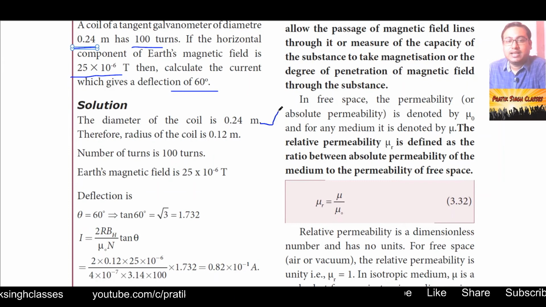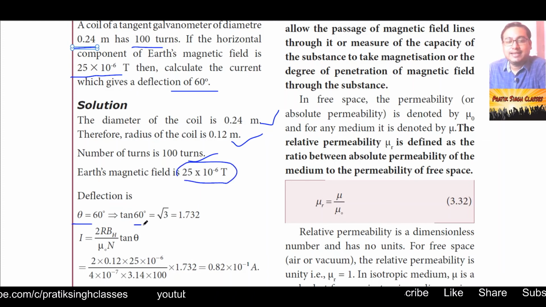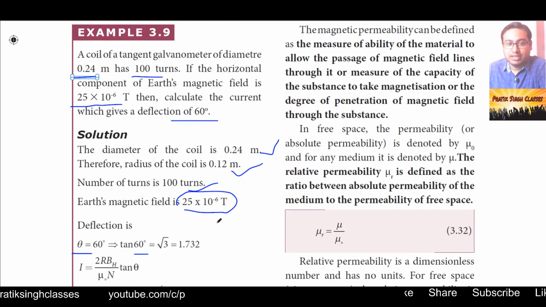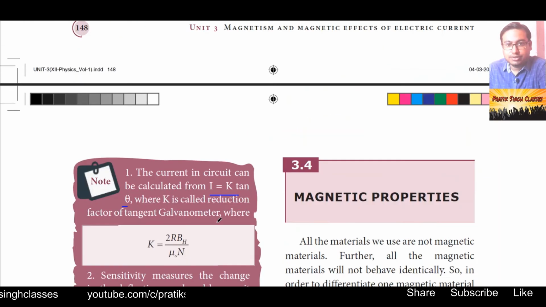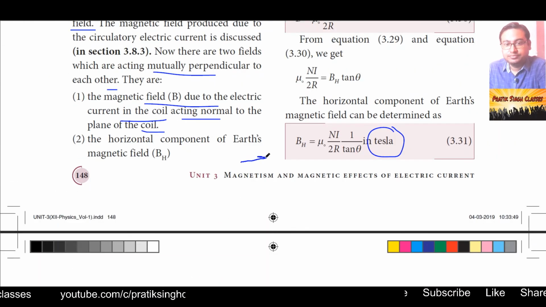So we have the diameter, convert this into radius, then N is equal to 100, BH is equal to this value, then theta is equal to 60 degrees, so tan theta is equal to tan 60 degrees, which is root 3. So just use this equation. All the things we know very well.